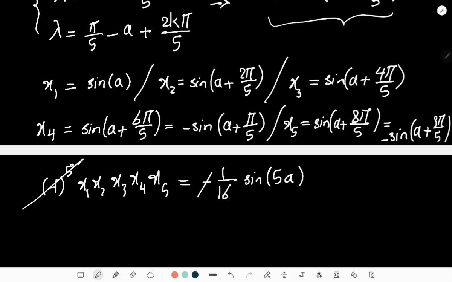So then you get sine of a times, you have here 1 minus, and also here, so you have 1 minus, here 1 minus. These minuses will also cancel out each other.